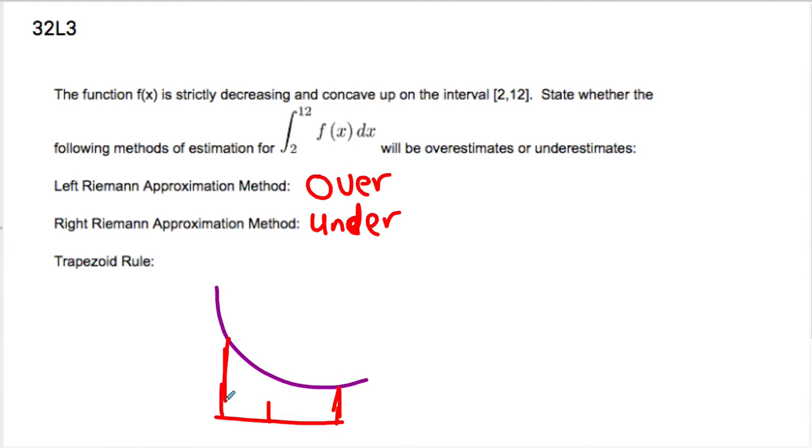It's easier to see if we do one trapezoid. Notice how the trapezoid is over top of it. If we do two trapezoids, you'll still see it's over top, just not as obvious. So because it's concave up, a trapezoid is overestimating it, and because the function is decreasing, the left Riemann sum is overestimating, and the right Riemann is underestimating.